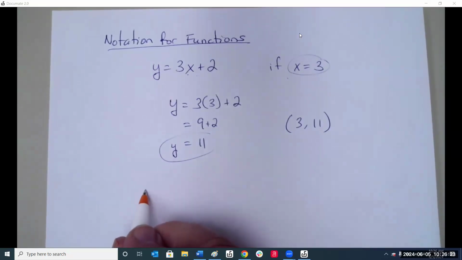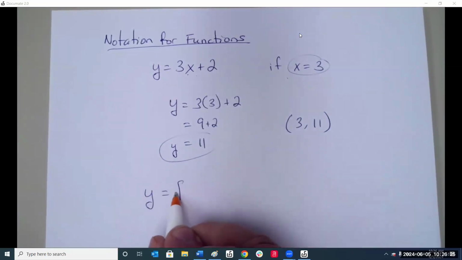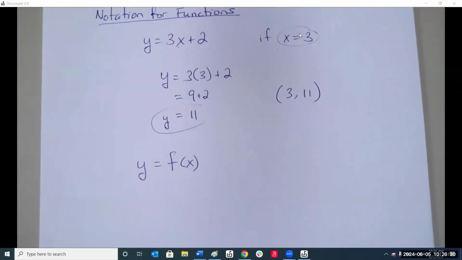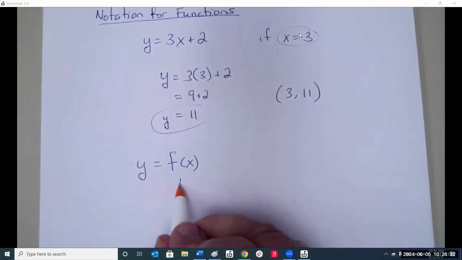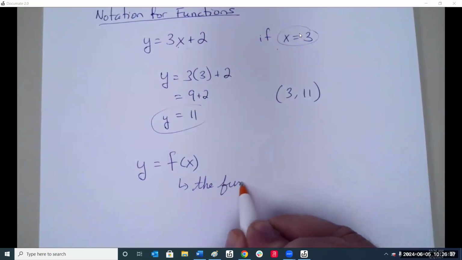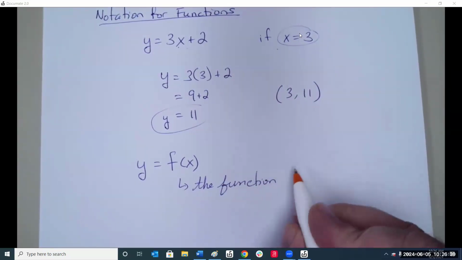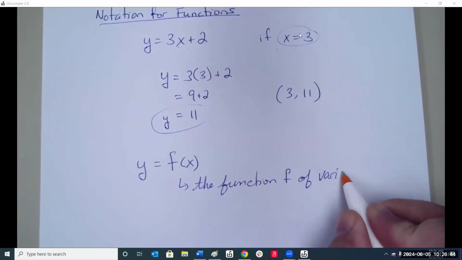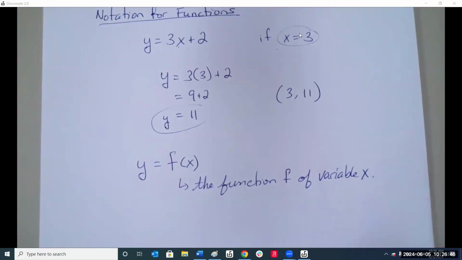So instead of writing y from now on, we define it as a function. This is read: the function f of variable x. In short, we read f of x.